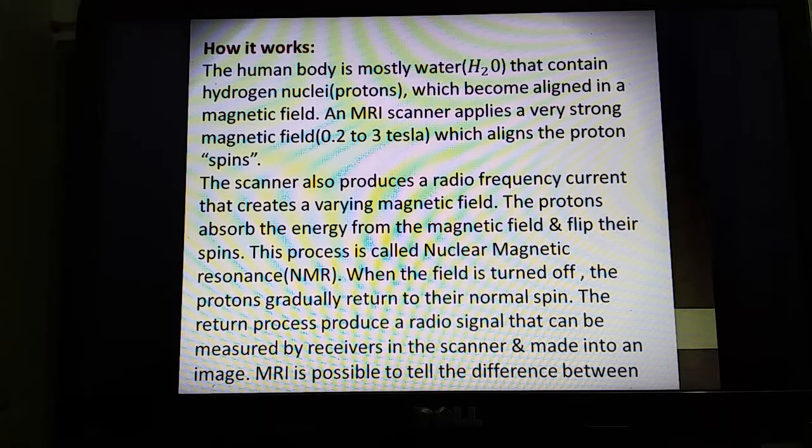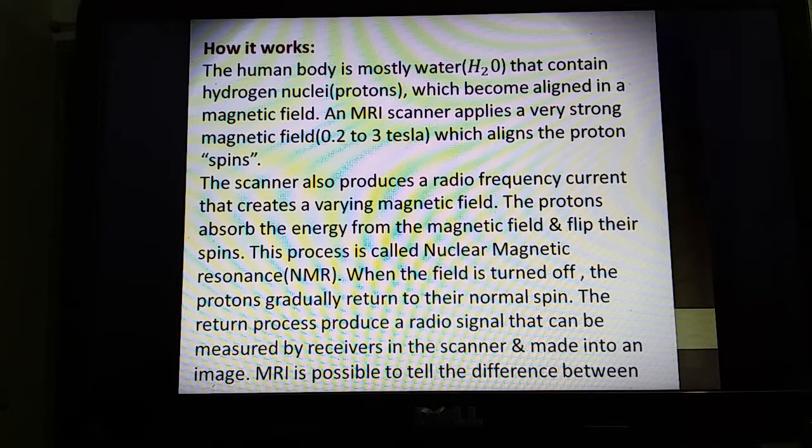This process is called nuclear magnetic resonance. That means the protons try to align with their spins after the application of the magnetic field. This process is called nuclear magnetic resonance.